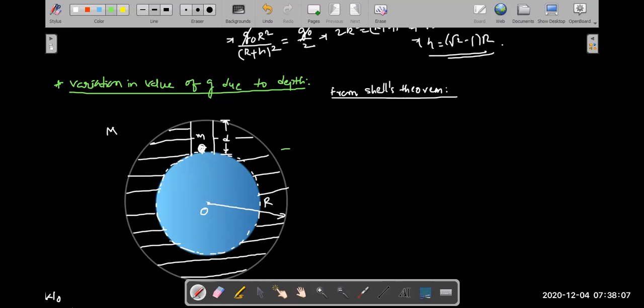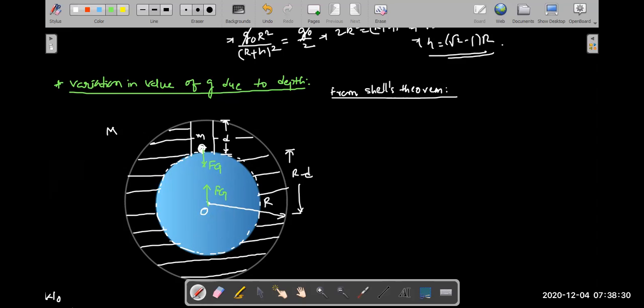This is d, so this distance is R minus d from the center. Let's say both of them are experiencing some force Fg, and this is minus Fg, or we can simply say magnitude-wise it is Fg.